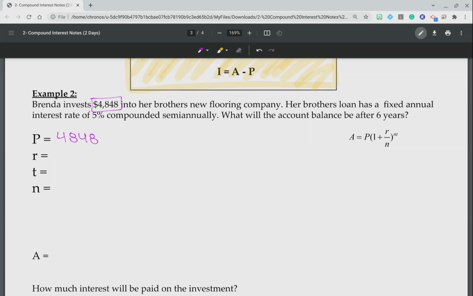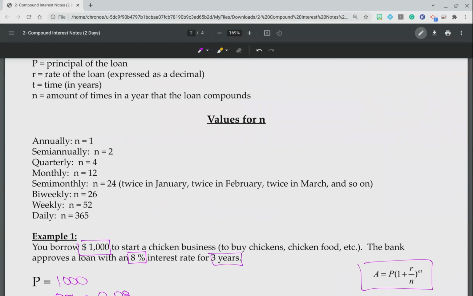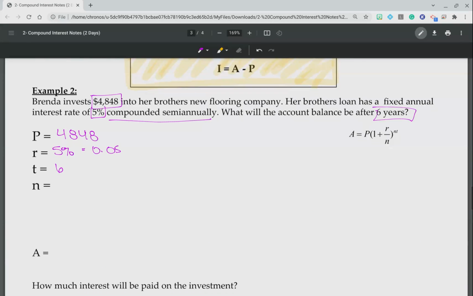Okay, our interest rate was 5%, but remember we're going to use 0.05. Our time is 6 years. And then it says compounded semi-annually. So remember we had all those typed up, and semi-annually means 2 times per year. All right, so in this case, n is going to equal 2.